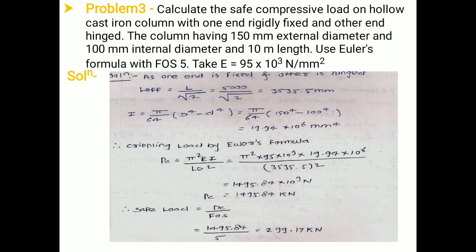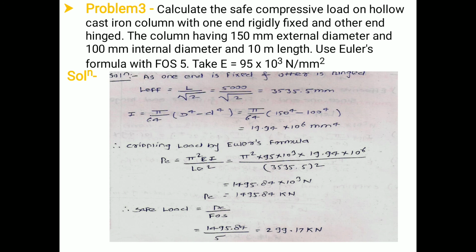So we will have pi square into 95 into 10 raised to 3 into 19.94 into 10 raised to 6 divided by 3535.5 bracket square. So we will have the crippling load 1495.84 into 10 raised to 3 Newton.